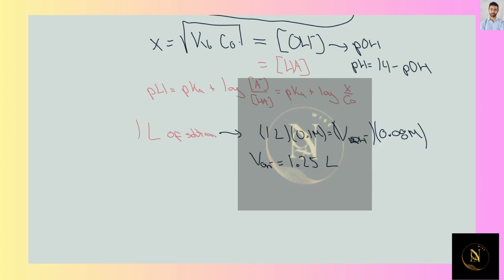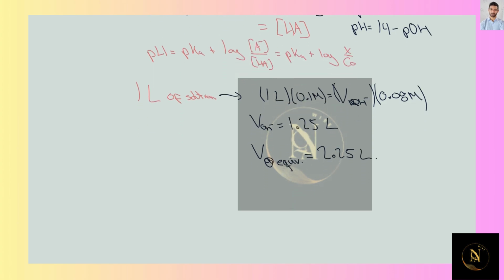So under this assumption, the volume at equivalence point is going to be equal to 2.25 liters. And the amount of A minus at the equivalence point is going to be equal to the amount of the weak acid that we have at the beginning, which is nothing but 0.1 mole.